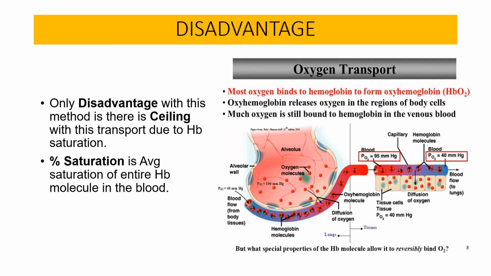You can't increase this saturation or transportation by this method, while by the dissolved oxygen method, you can increase the transportation of oxygen by increasing the pressure. Then if that process has that advantage, why is 98% of oxygen transported through hemoglobin?